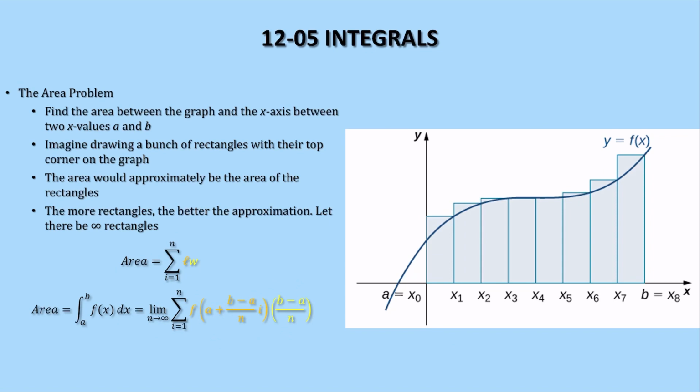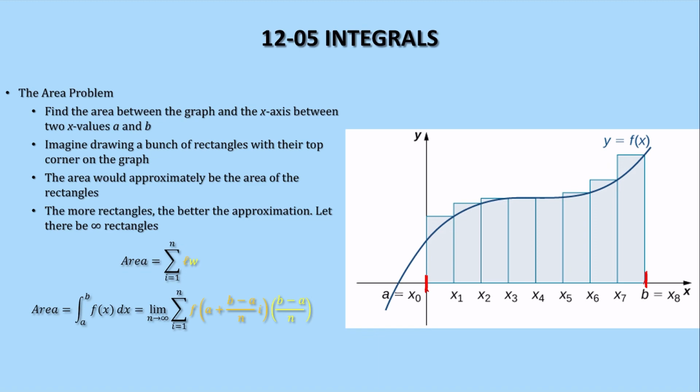The second problem in calculus that they focus on is the area problem. So finding areas using functions. So we're going to find the area between a graph and the x-axis, between two x values a and b. So here's our a, here's our b.